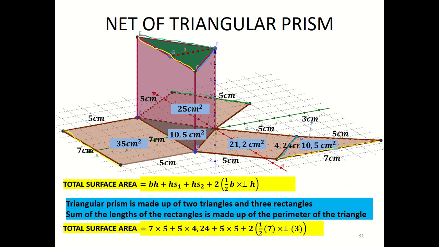When I make my substitutions, I will get a total surface area of 102,2 square centimeters, which is 35 square centimeters plus 10,5 square centimeters plus 21,2 square centimeters plus 10,5 square centimeters plus 25 square centimeters.